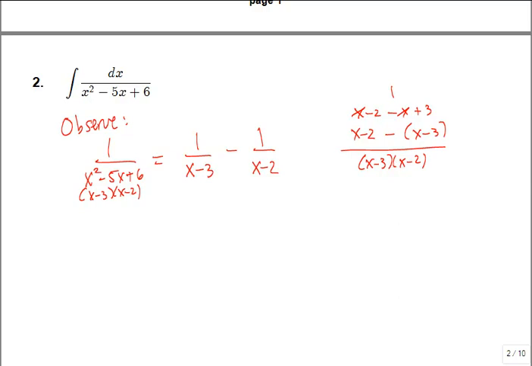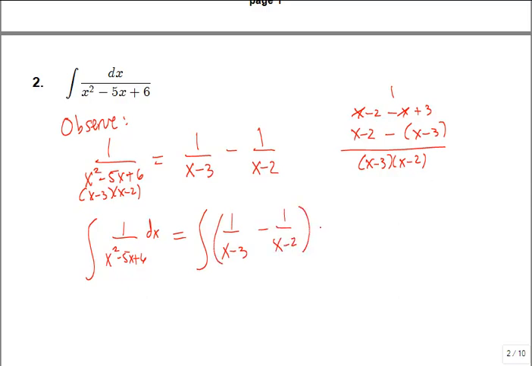Now, how does that help me? Well, if I want to integrate 1 over x squared minus 5x plus 6 dx, and I know that 1 over x squared minus 5x plus 6 is equal to these two fractions, why not integrate these two fractions instead? And I can break these up into two separate integrals.